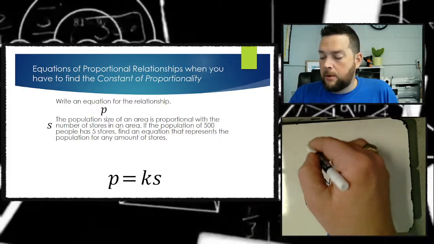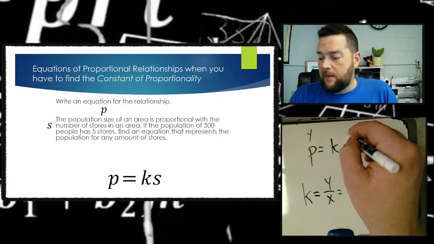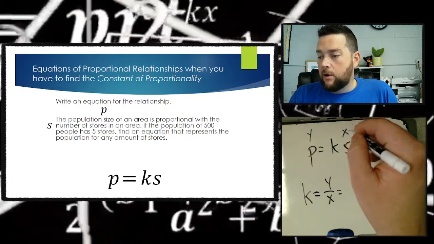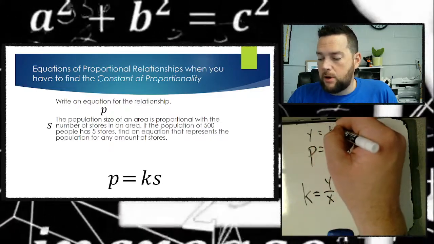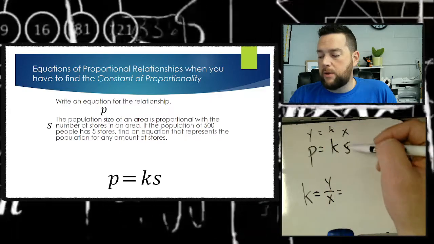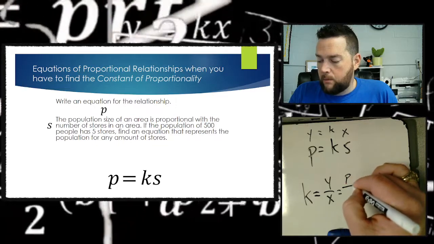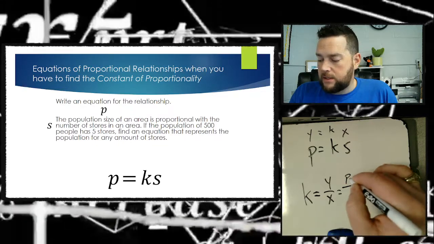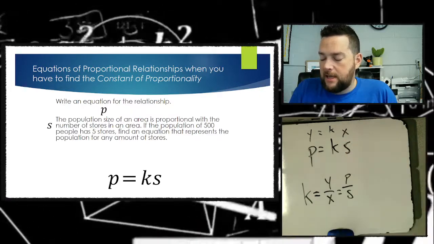And in this problem, the y is our population size, and the x is going to be the number of stores in the area. We know that p has replaced y and s has replaced x, so we're going to do that inside of our little template up here. Population size is going to go on top because that's the y, and then s is going to go on the bottom because that's the x.